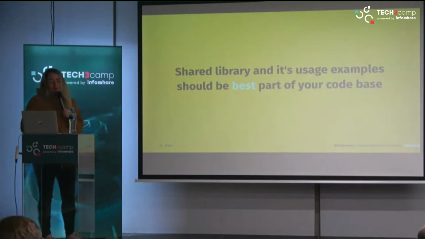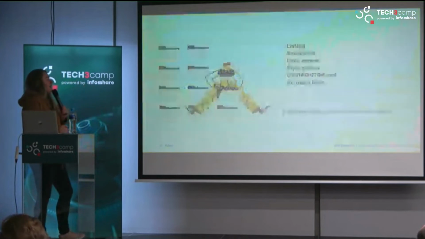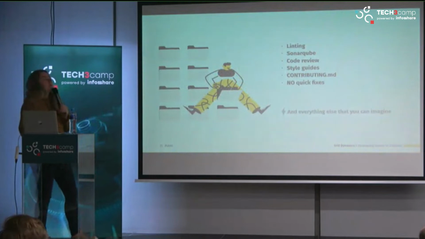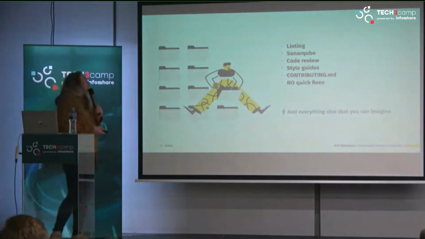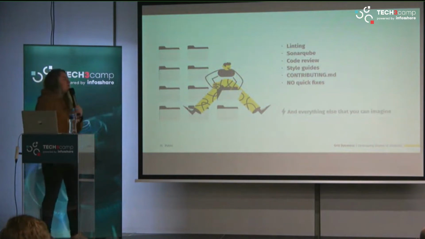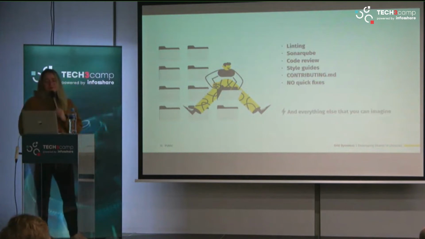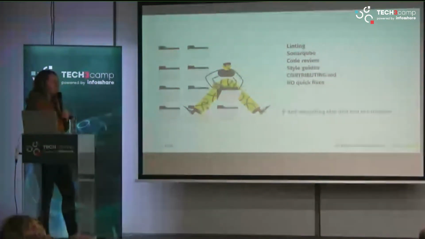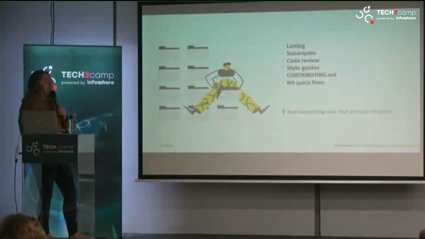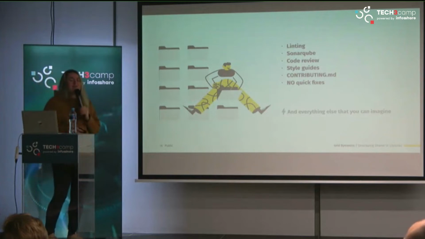And to keep this quality on a high level, there are multiple tools that we can use. All sorts of linting, using SonarQube to detect some problems in your code, strict rules for code review, strict style guides, rules for contribution, and maybe the most important thing here is that there are no quick fixes anymore.